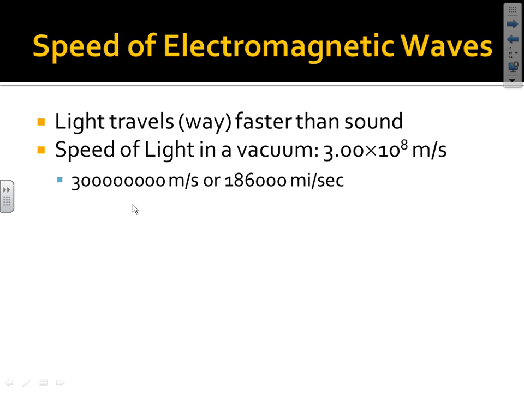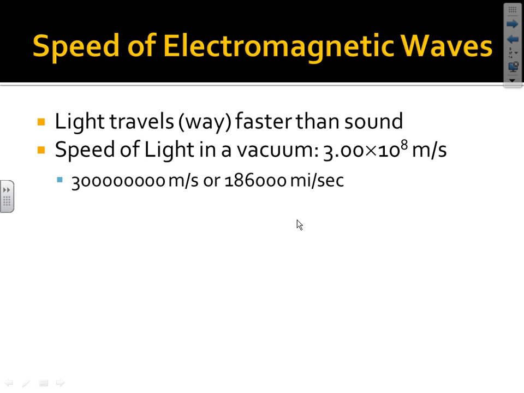The windows in this room, light travels through those windows, but it doesn't travel through the windows as fast as it travels through the air outside or the air in here. It also doesn't travel as fast as it travels from the sun all the way to here, right? The less matter that's in the way, the faster electromagnetic waves travel.